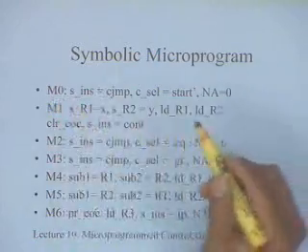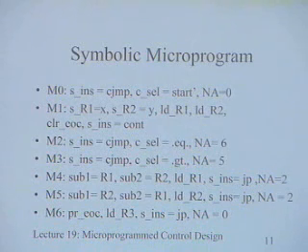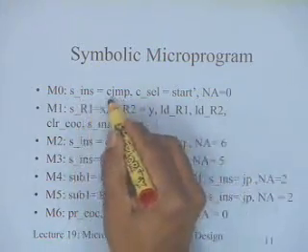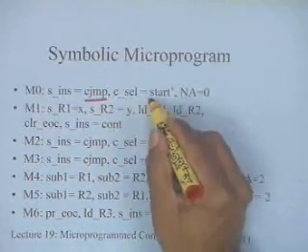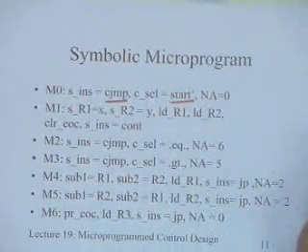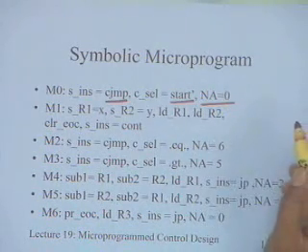If you consider the M0 microinstruction, what really needs to be done is, I need to just check the start signal. So I choose a sequencer instruction to be conditional jump, and I choose the condition select to be start bar, and my next address is 0.